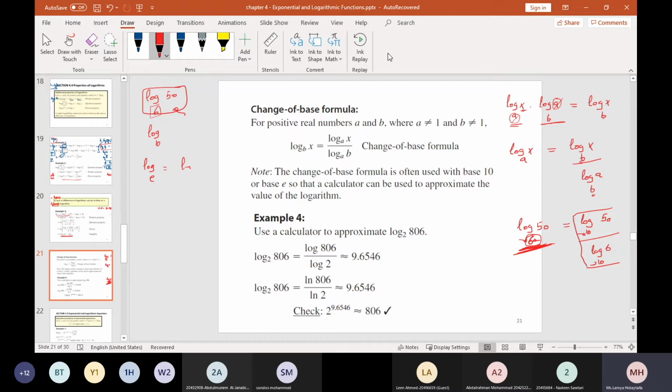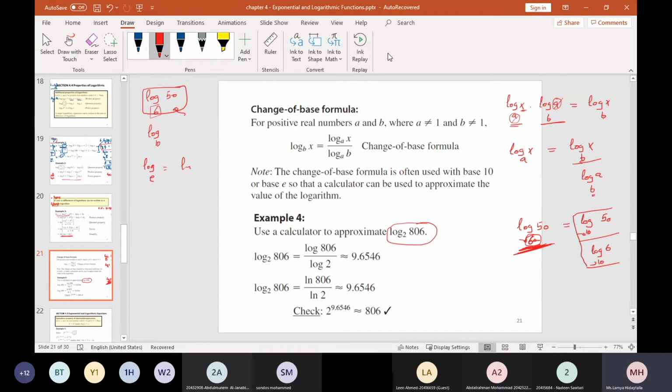Okay, so this is the rule. Here there is an example. Use a calculator to approximate this number. Either you use the ln or the log to the base 10, any one of them.